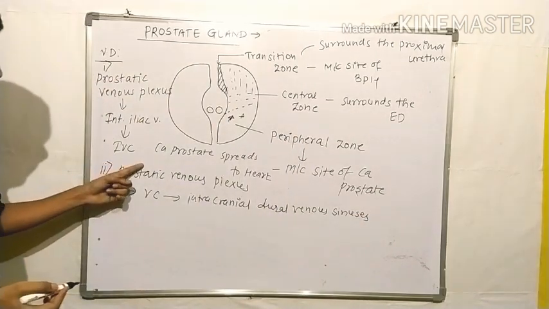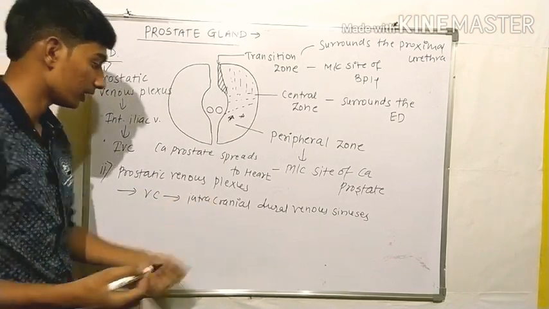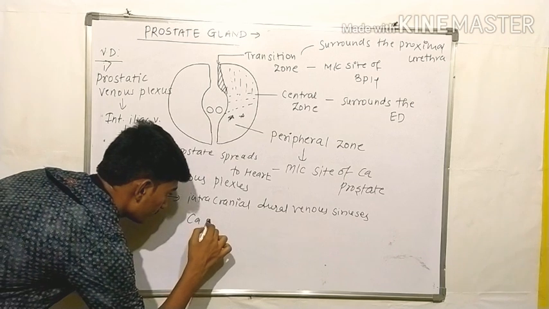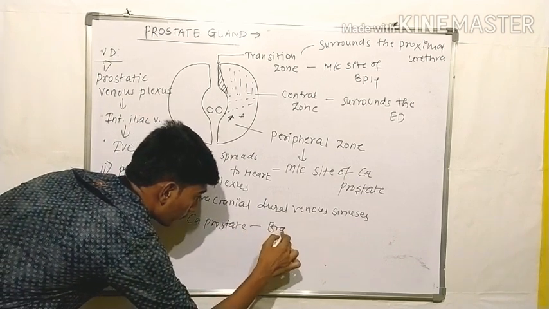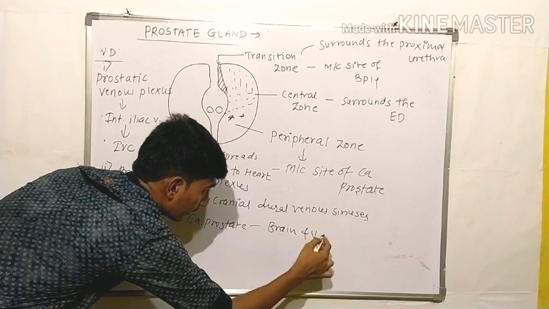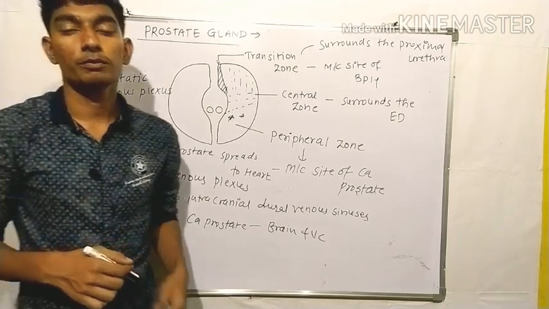And this pathway explains the metastasis of CA prostate to the brain and vertebral column. This is all about the prostate gland.